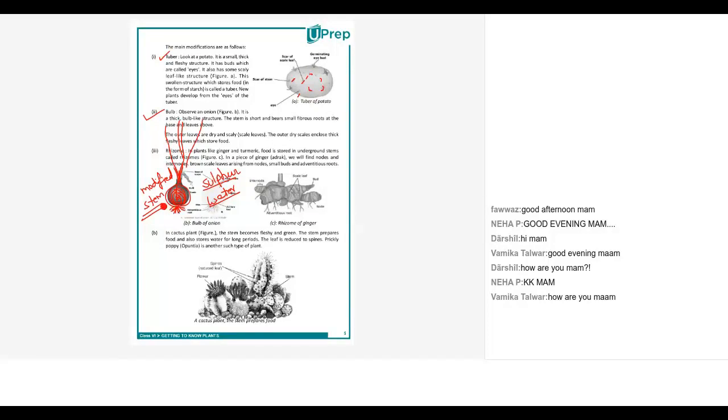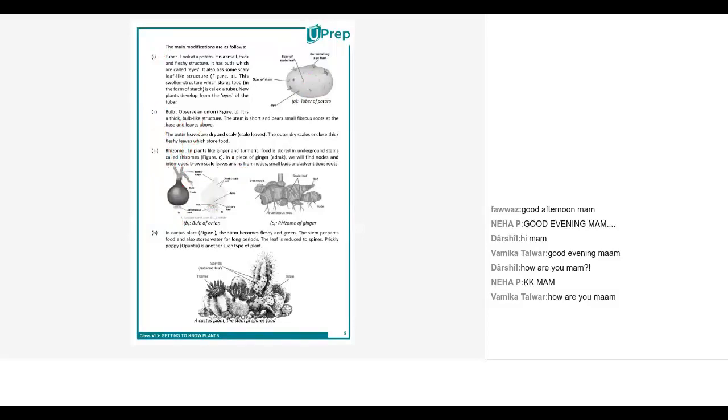This doesn't need a seed. Onions have seed. It grows from seed also, but it grows from a bulb also. Correct? A tuber, a potato, mainly grows from the stem. I doubt if a potato has a seed. Right? So these are all part of vegetative reproduction in spite of having seeds.